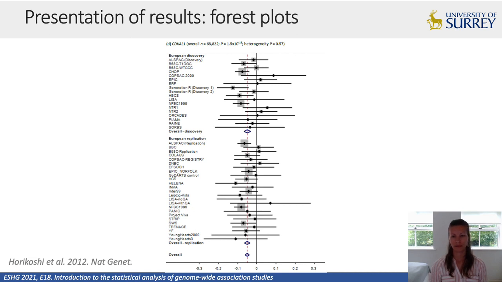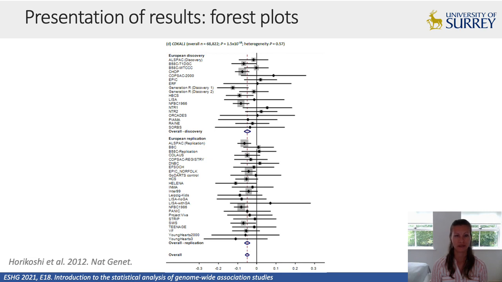When the GWAS is done in collaboration, we usually also show a forest plot to show the results by cohort, to see if they are in alignment or if there is heterogeneity between the cohorts.